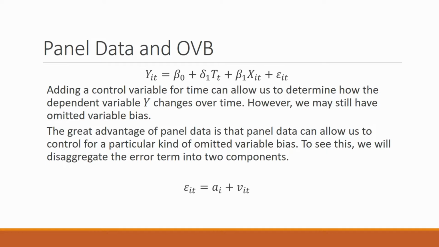Now, with panel data, we can imagine that some of that information that is excluded from the model, which means is captured by epsilon, by the error term, varies only across individuals, not across time, and other information varies across individuals and varies across time.